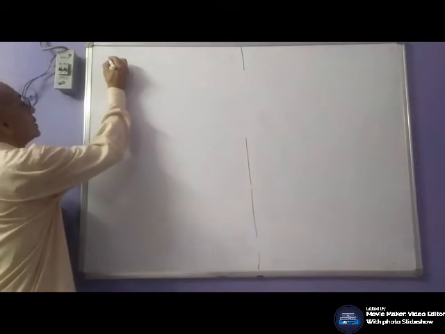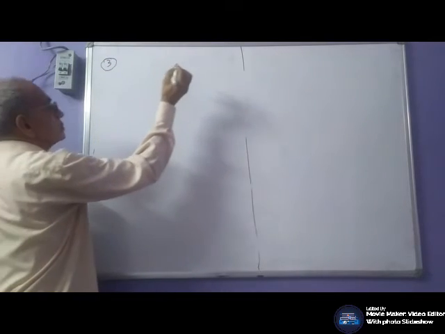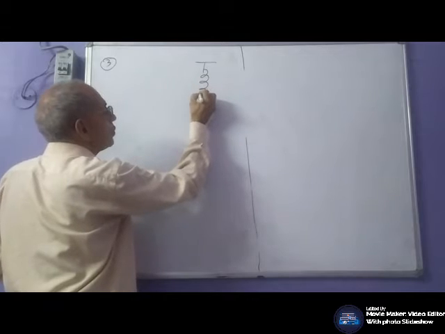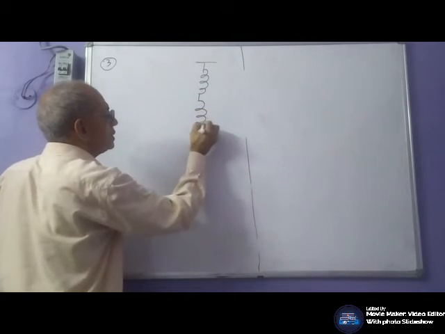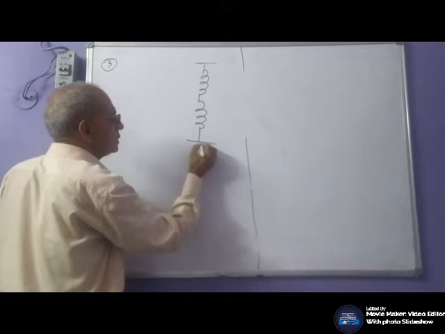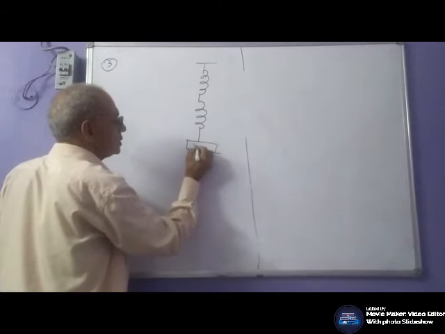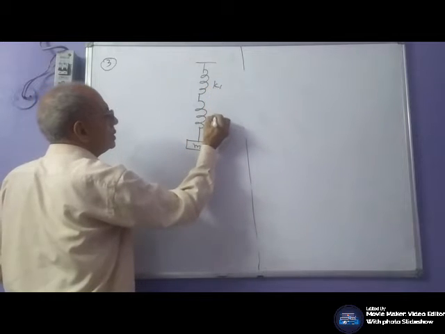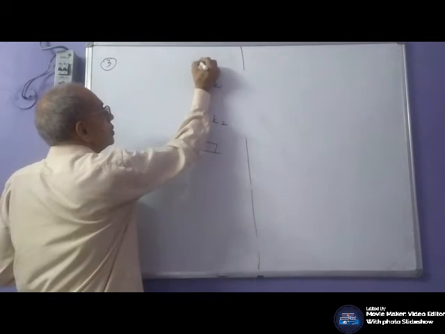Now third case, spring combination. This is first spring, this is second spring, and this is the mass. This is K1, this is K2.